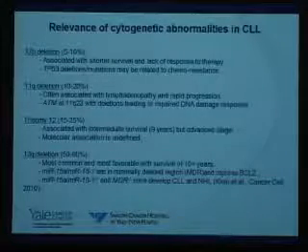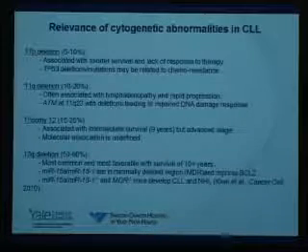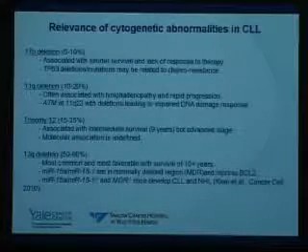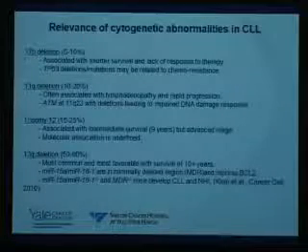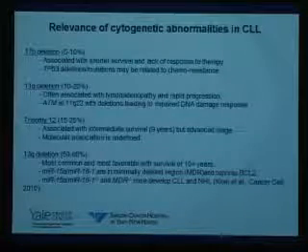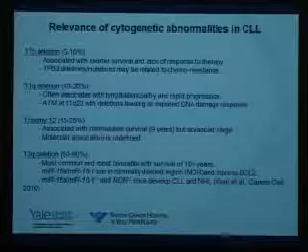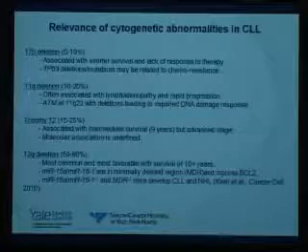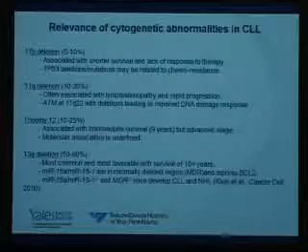And it's thought that p53 mutations may be related to chemo resistance in this subset. Patients with 11q deletions often have lymphadenopathy and rapid progression of disease. One of the genes on 11q, at 11q23, is ATM, which leads to impaired DNA damage response, although it's unclear exactly what the contribution of that is to the pathogenesis of the disease.